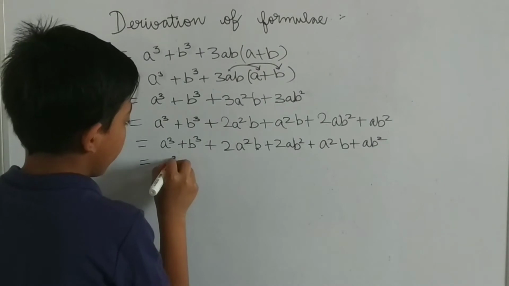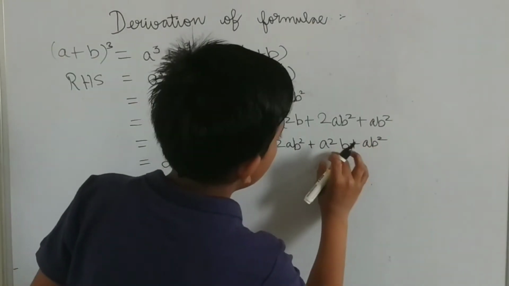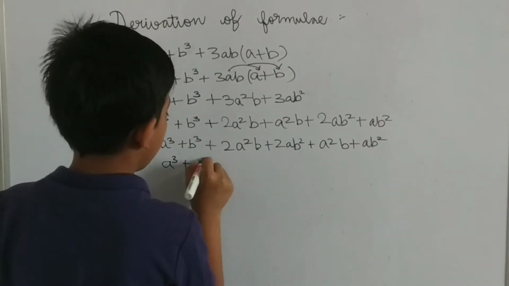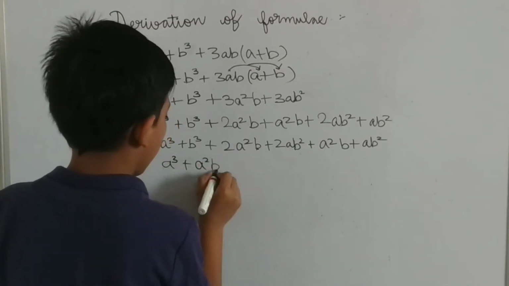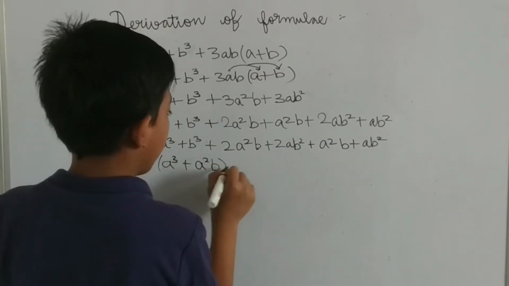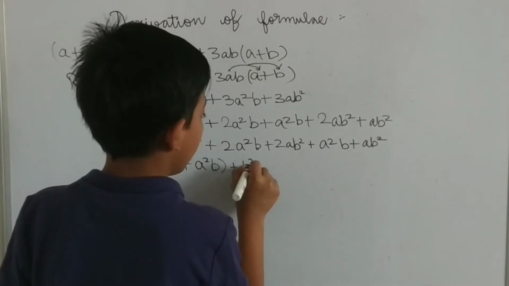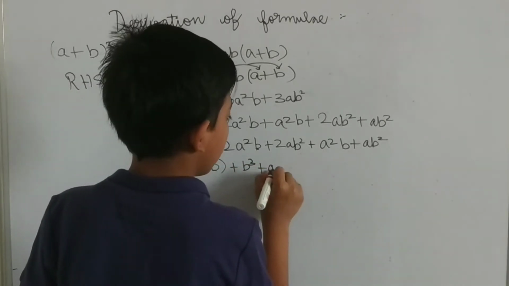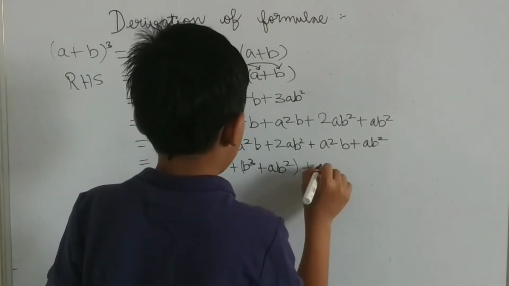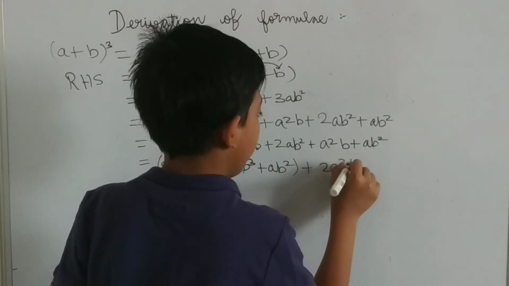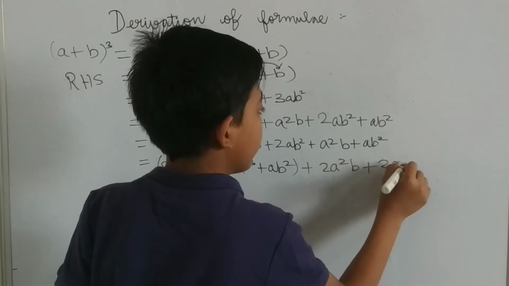Now we will pair a³ with this a²b. Sorry, it's b. So we will pair here, plus b³ plus this ab² will be here. Then at last 2a²b + 2ab².